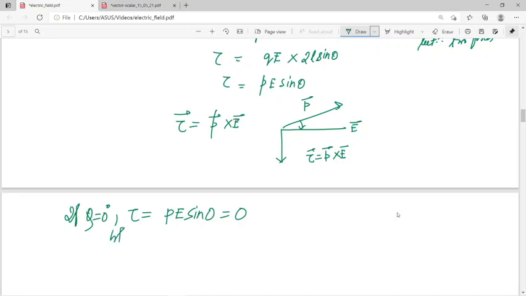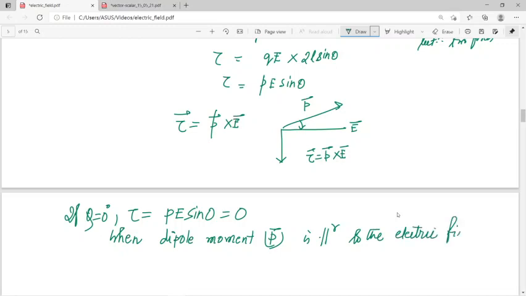So when this dipole moment p is parallel to the electric field E, no torque acts on the dipole.